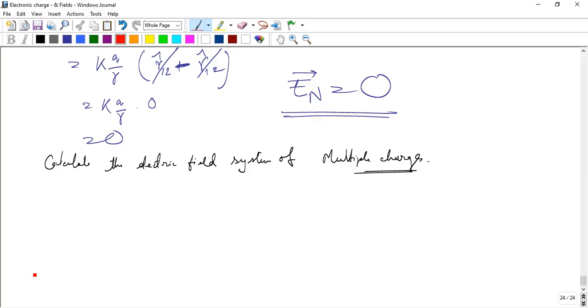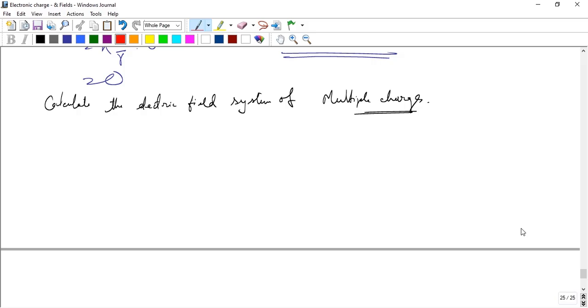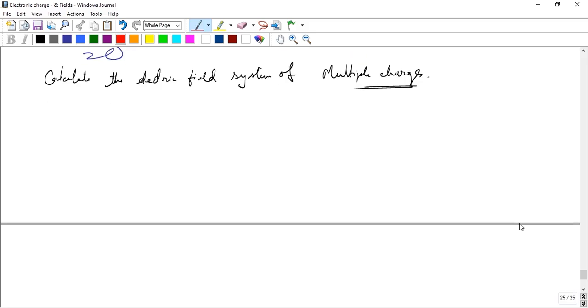Suppose we consider this diagram. You see one charge plus Q2, the charge plus Q1, and plus Q3.